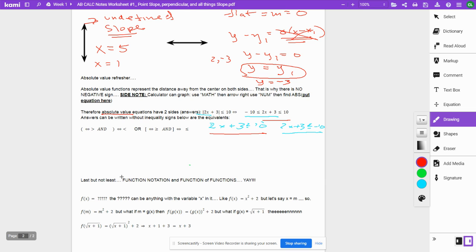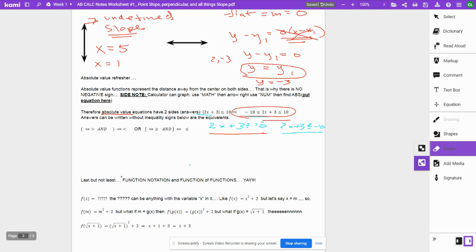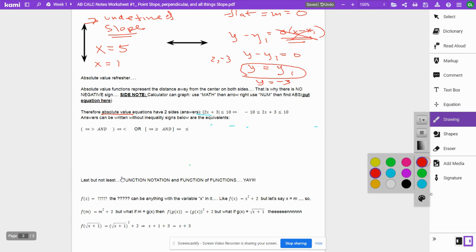So if I just kind of work with this equation right here, I can subtract 3 from both sides. Let me get rid of this for you. All right. So I'm going to go back up here. Let's subtract 3. That means I'd have to subtract 3 and subtract 3.